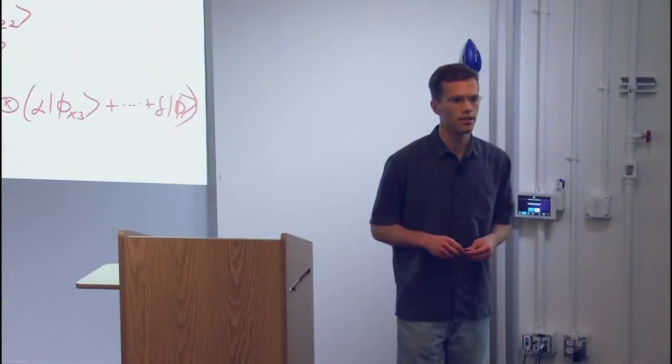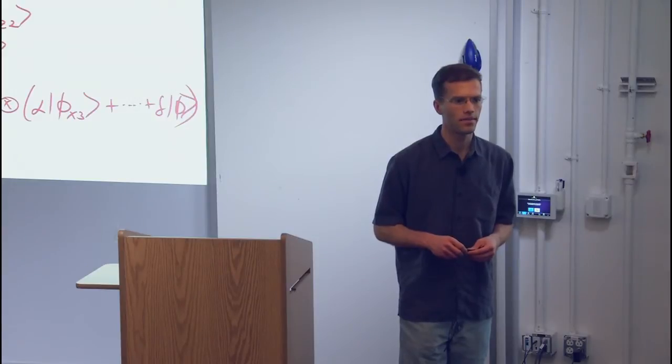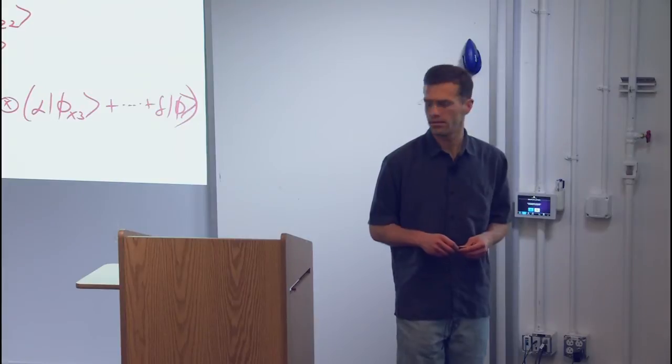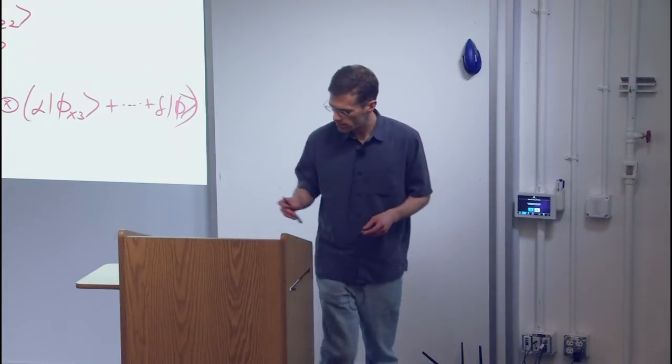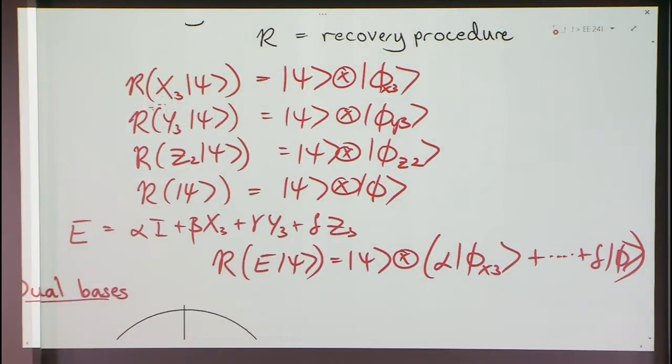Yeah. So this recovery procedure is a quantum computer, right? Yeah. And so you are thinking of R as R3. So for every bit you have a recovery procedure. No. Well, actually, R is just one recovery procedure that should correct single errors on any qubit from 1 to n or whatever it is.